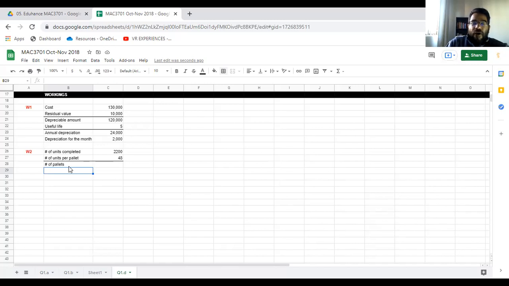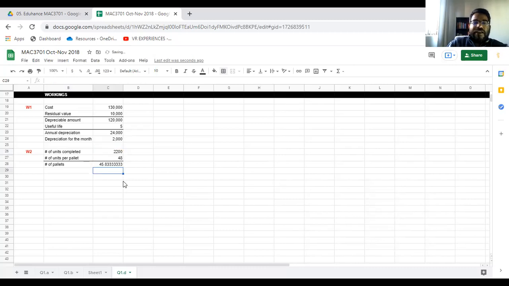But our objective here is to calculate the variable distribution cost, which is 100 Rand per pallet. We know the number of units and the number of units each pallet takes, so that will give us the number of pallets. So now we can work out how many pallets we require.